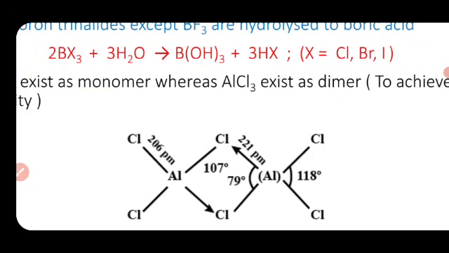Because one electron pair is deficient, and this can be accepted by chlorine, and hence a bond is formed between aluminium and chlorine, which we call a dative bond or coordinate bond, and this is how it exists as a dimer. Dimer means di means two, mer means chain, so it is in chain form. Two Cl atoms are in bridge form, linked to two Al atoms.